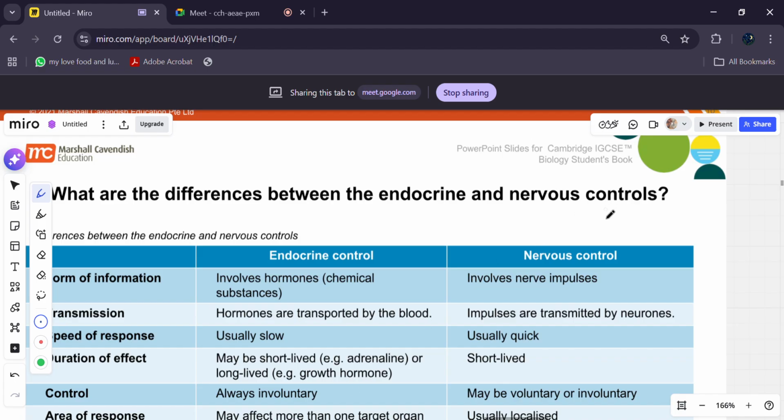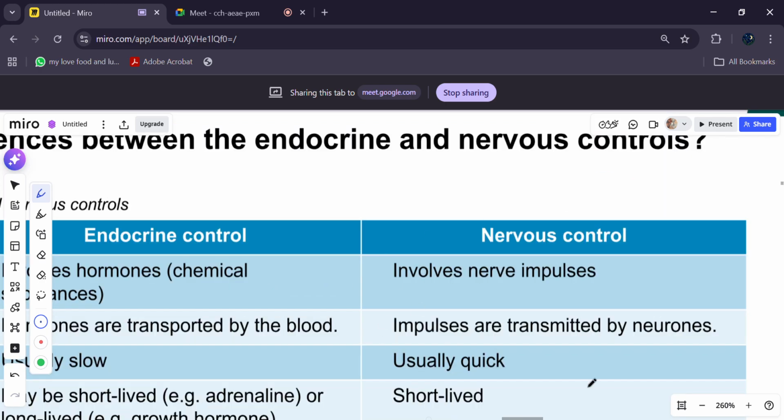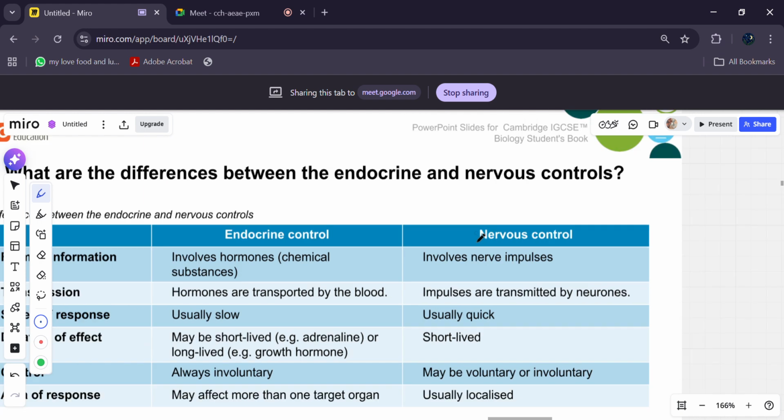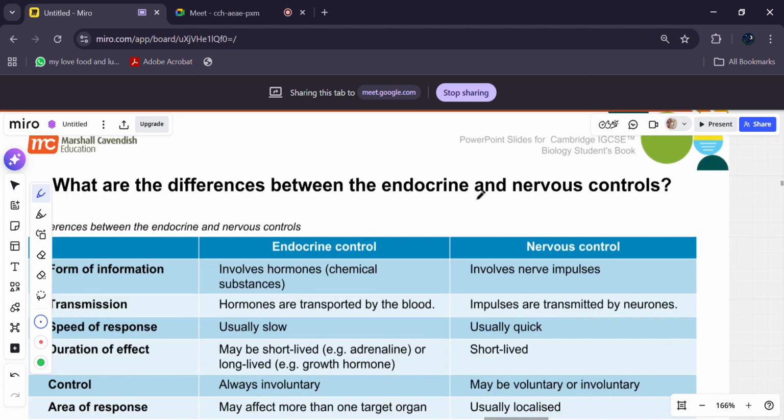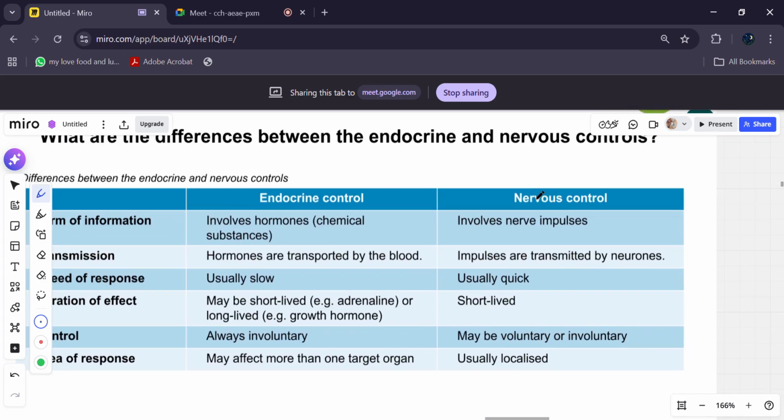But in nervous control, impulses are transmitted by the neurons. And these nerve impulses move quite quickly. They are very rapid, as I explained in chapter 14 in our previous video. The impulses travel really quickly, while hormones might take some time to arrive at the target organ.